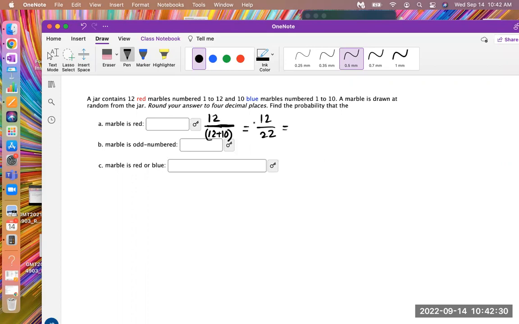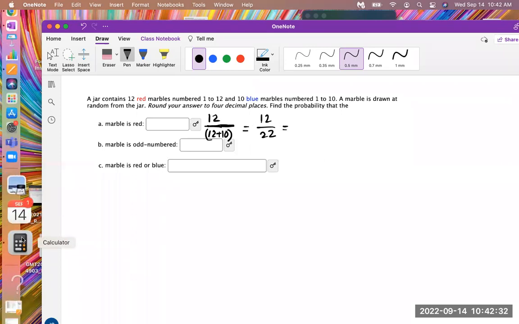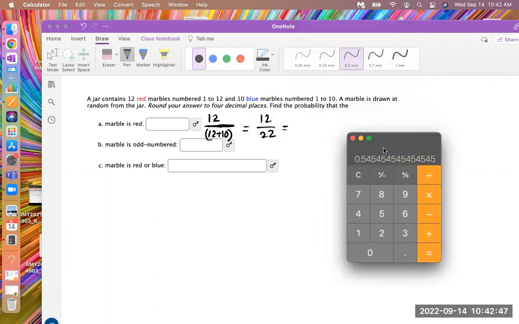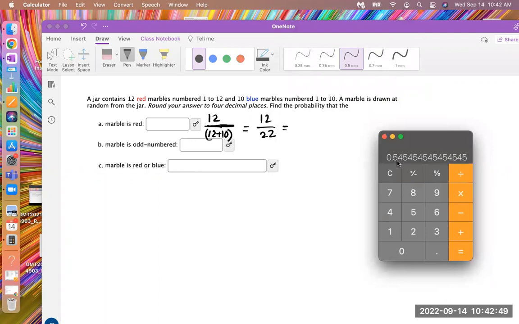So then we would do 12 divided by 22. And I get 0.54, 0.54.